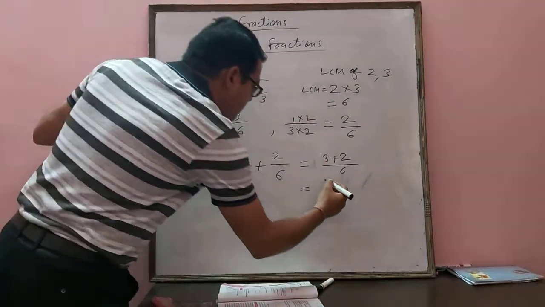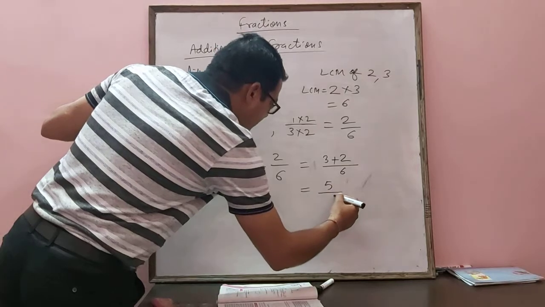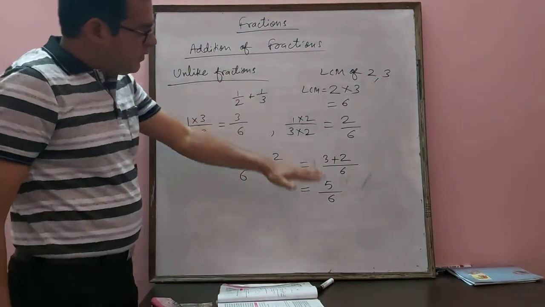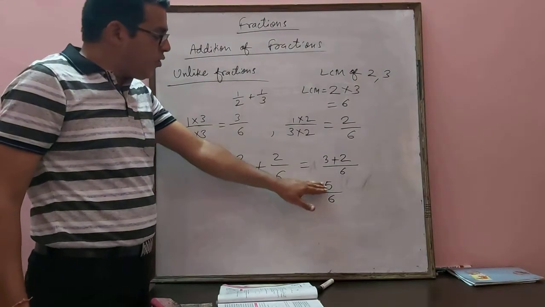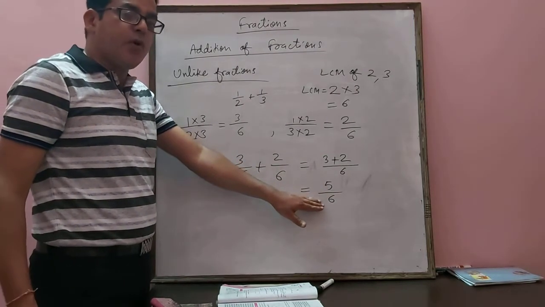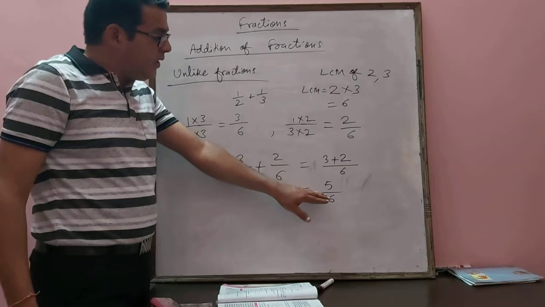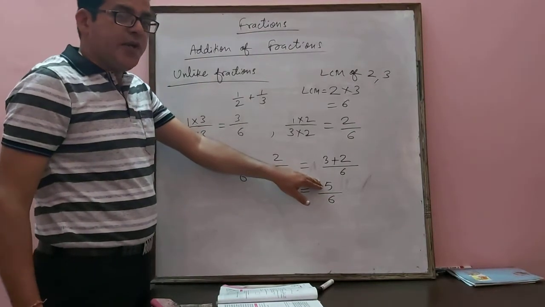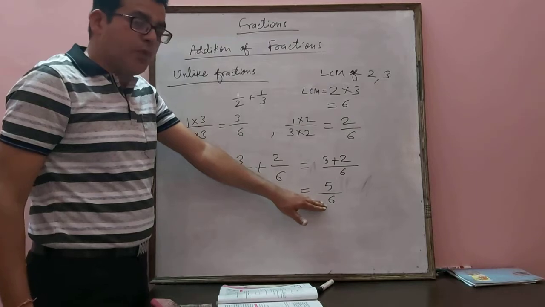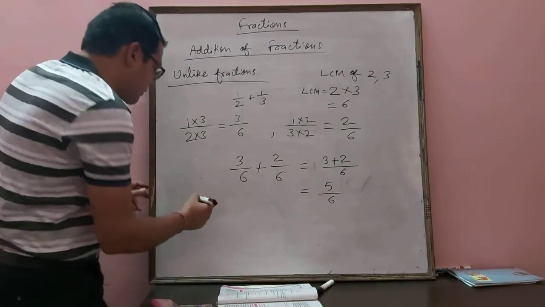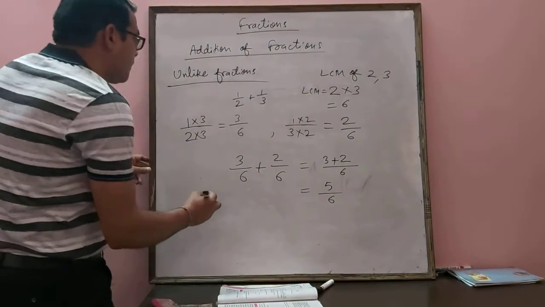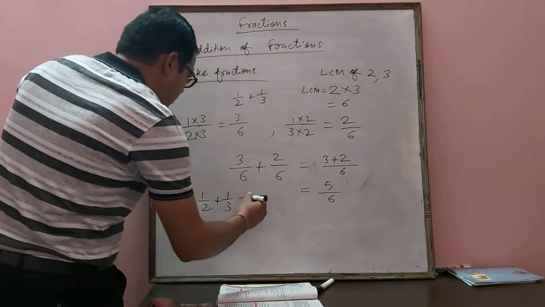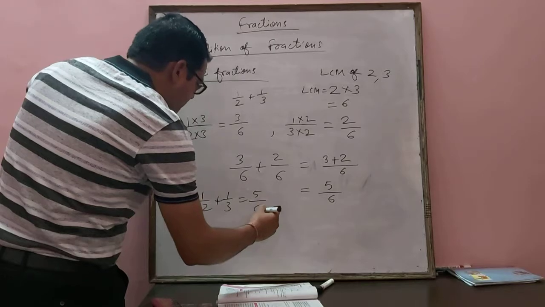Then 3 plus 2 is 5, so 5 by 6. Which kind of fraction is this? This is a proper fraction, since the denominator is greater than the numerator, and this is the answer. So after adding 1 by 2 with 1 by 3, we have 5 by 6.